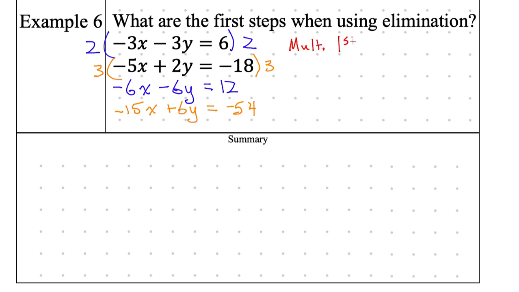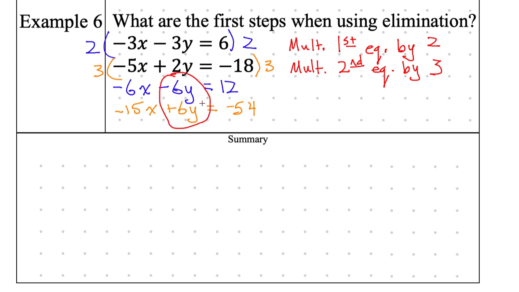Multiply first equation by 2, multiply second equation by 3, and then what's the final step, Emma? Now that I have a negative 6y and a positive 6y, am I going to add or subtract? I do indeed add. Cool, and there's the answer.